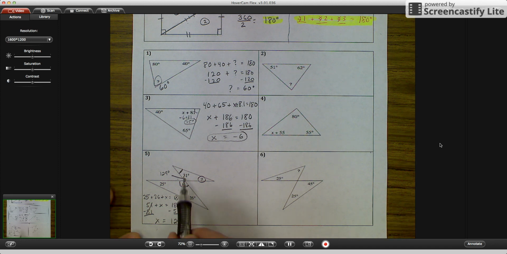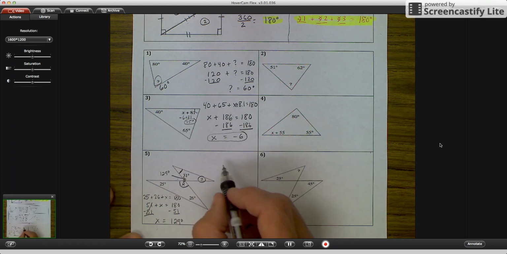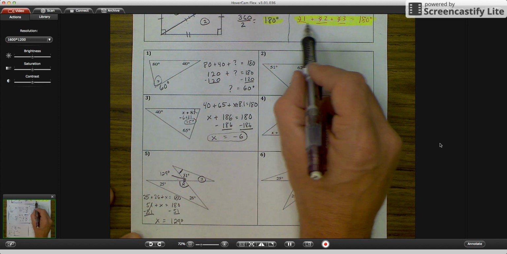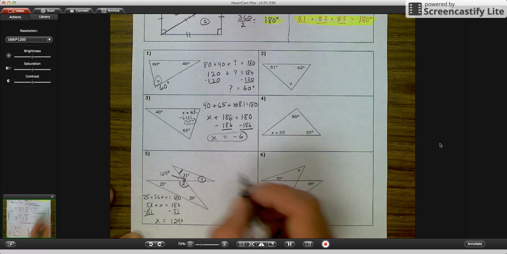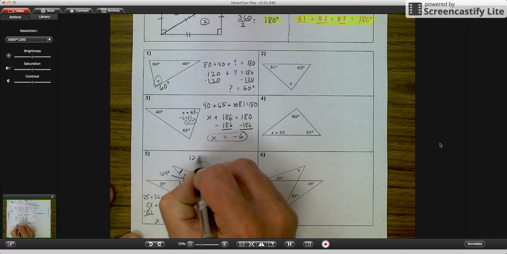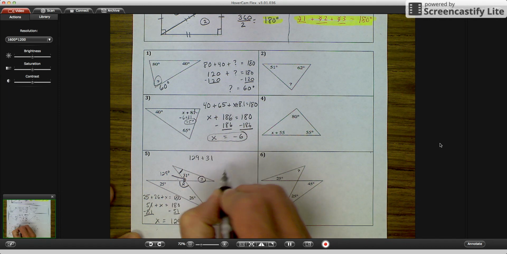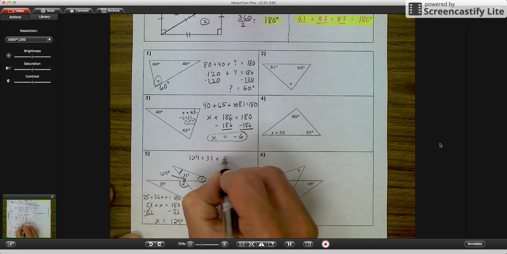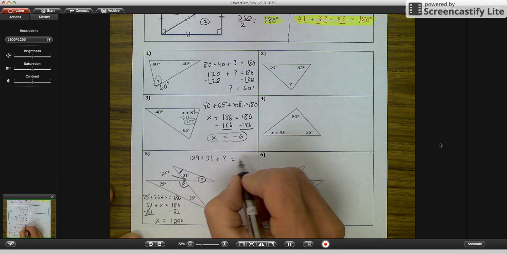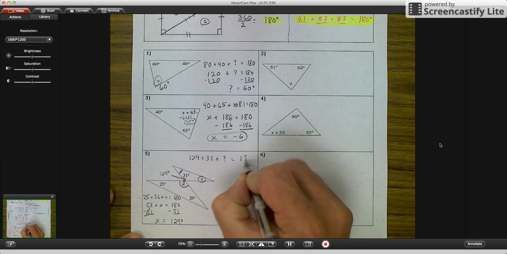So now we have 129 here, and we have 31. We'll go back to that exact same equation up here of the three angles. We'll go 129 degrees plus 31 degrees plus our question mark is equal to 180.